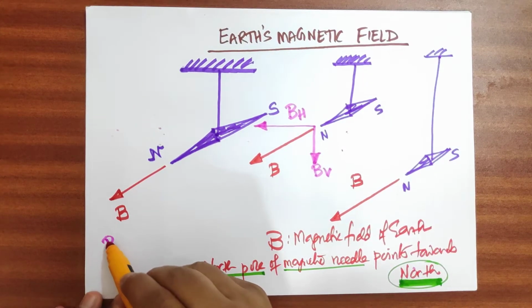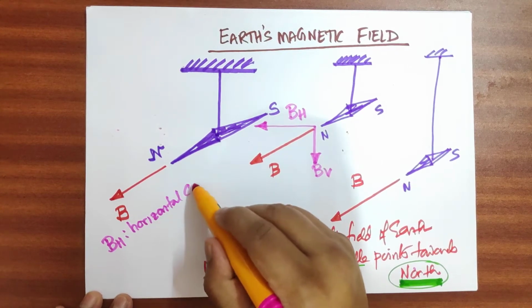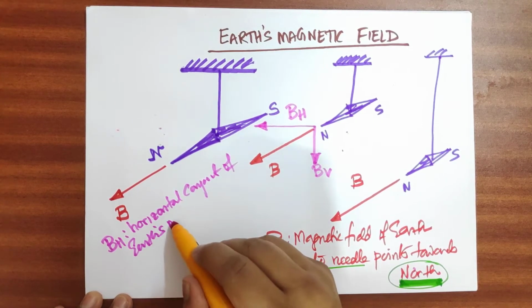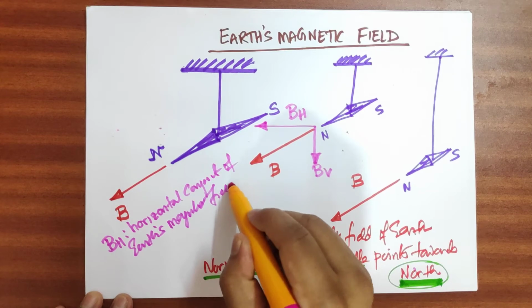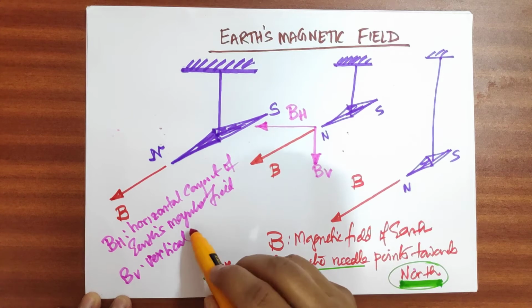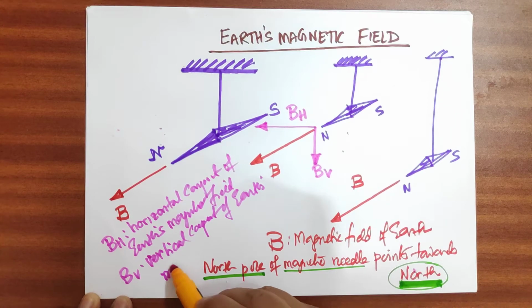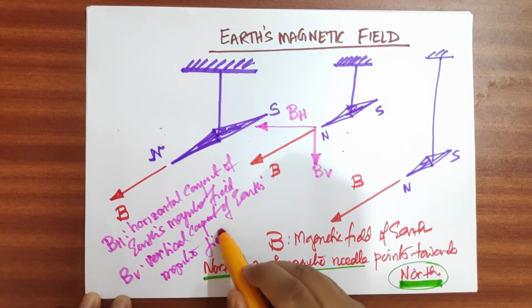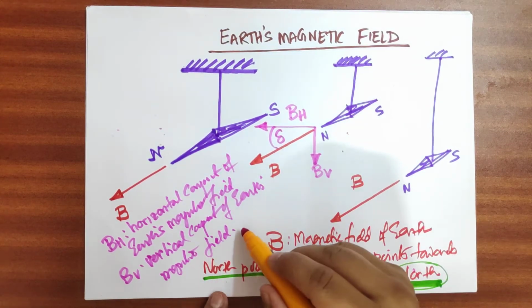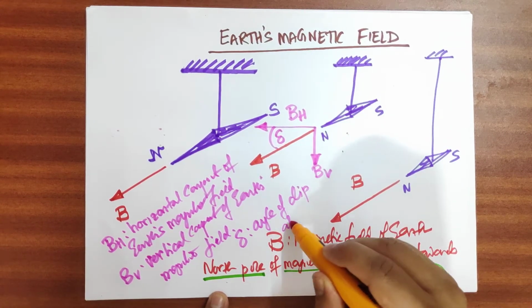BH is the horizontal component of Earth's magnetic field, and BV is the vertical component of Earth's magnetic field, and this angle is known as the angle of dip at that place.